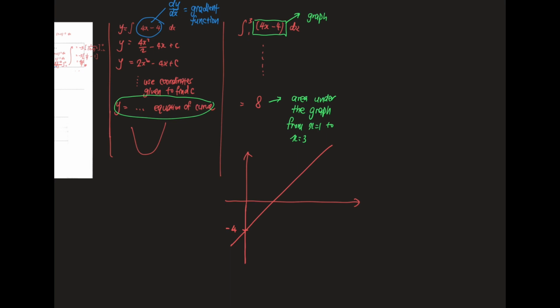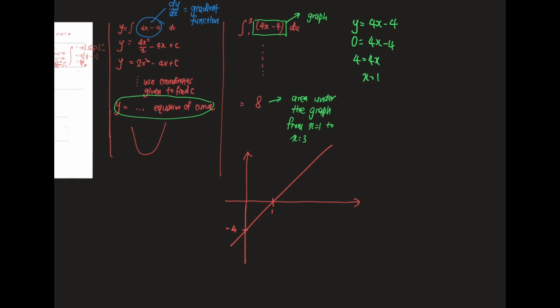For the x-intercept, you let y equal to 0, so 4x minus 4 equals 0, x equal to 1, so the x-intercept is 1.